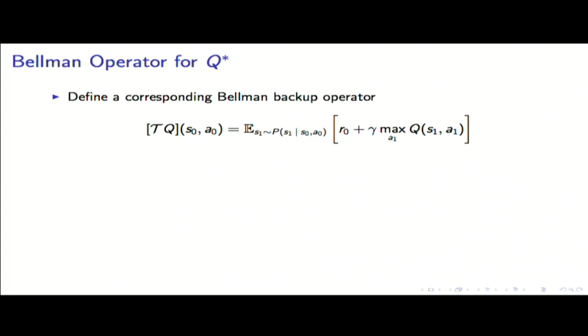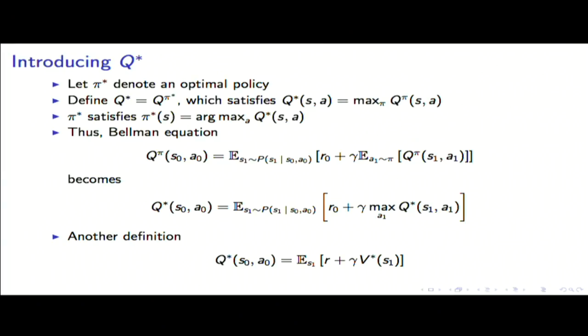So we can also define a Bellman backup operator for Q star. If we take the Bellman equation for Q star and look at the right-hand side, we've got the reward plus the max of the next Q value.